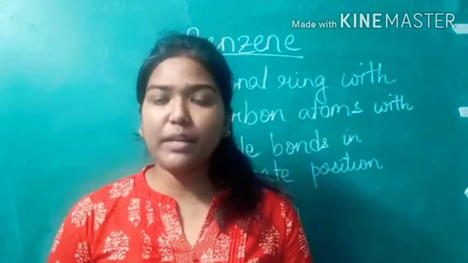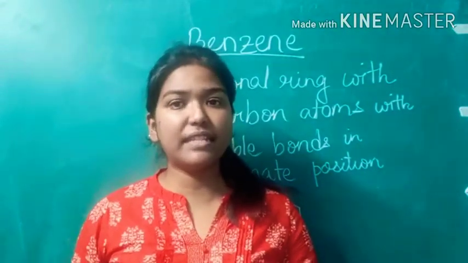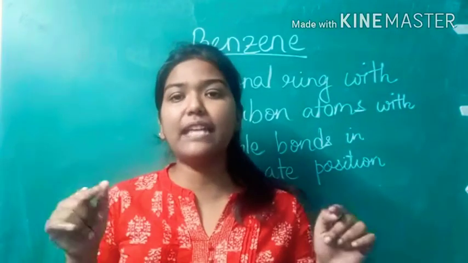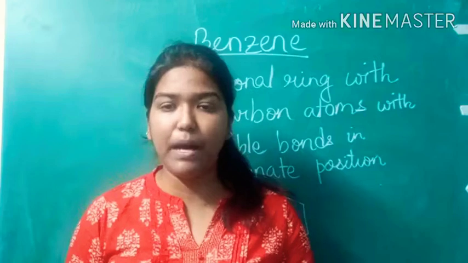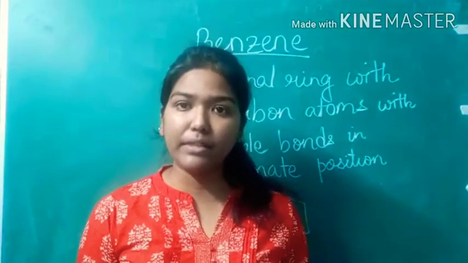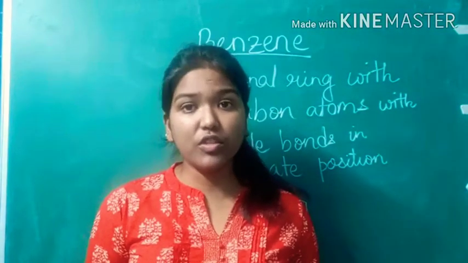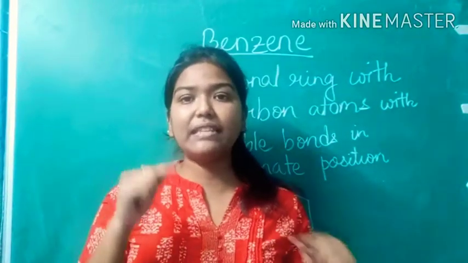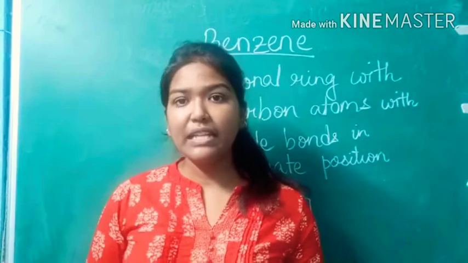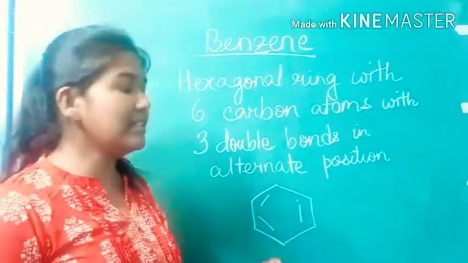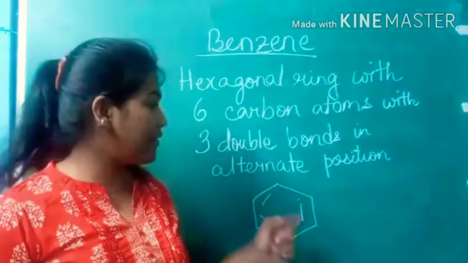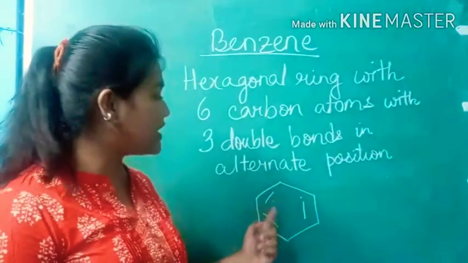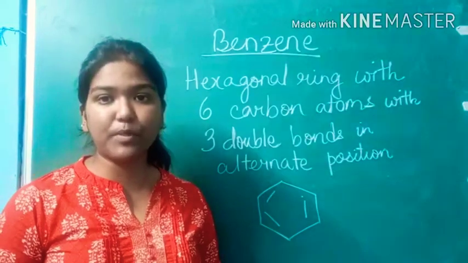You must be wondering about what actually benzene is. So let's see, benzene is nothing but a hexagonal closed organic compound having only carbon atoms and also 3 double bonds placed in alternative positions. It's a cyclic structure having carbons at each end and also 3 double bonds at alternate positions.